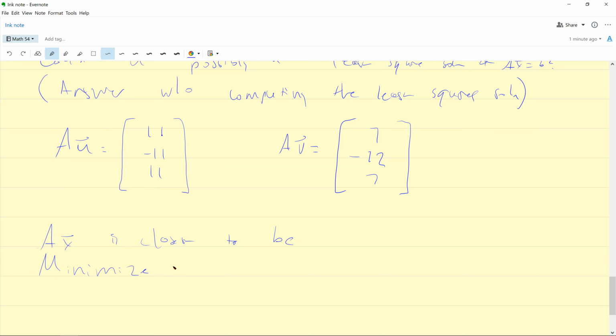So we're minimizing the distance, which is given by that difference, b minus A x for any x. I want the magnitude of this, right? So if one of these were the least squares solution, it would minimize this distance. So the next step is to compute these distances for the specific u and the specific v.